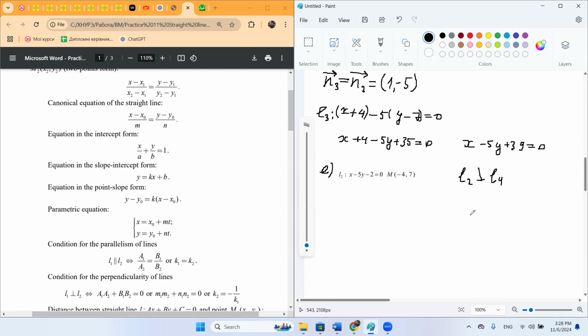Okay, explaining how to solve it. First of all, I will rewrite the general equation of L2 in canonical form. So the canonical form will look like that, just writing decimal fractions.